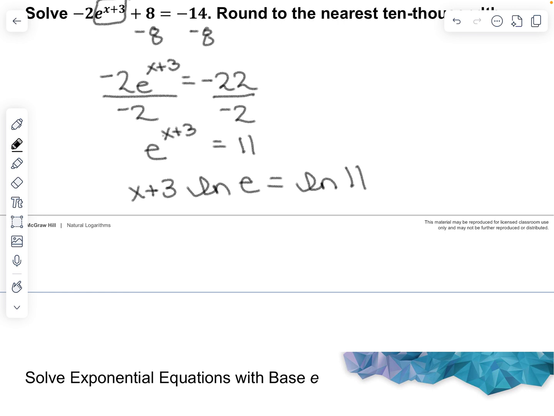I'm going to divide both sides by the natural log of e. And let's go do that on a calculator.